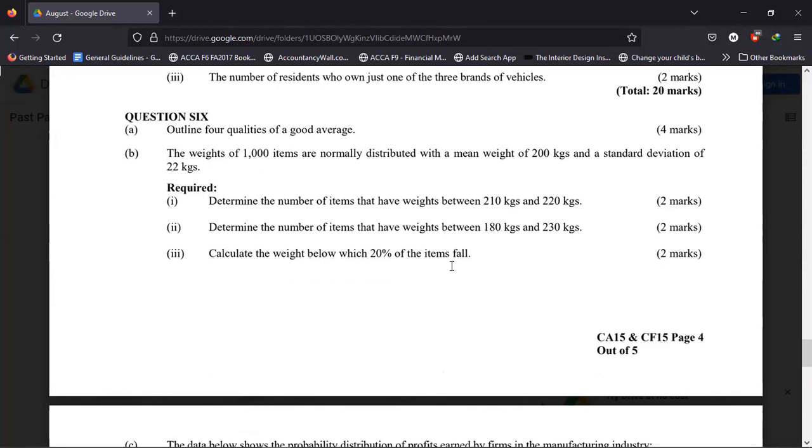The weights of 1,000 items are normally distributed with a mean weight of 200 kgs and a standard deviation of 22 kgs.